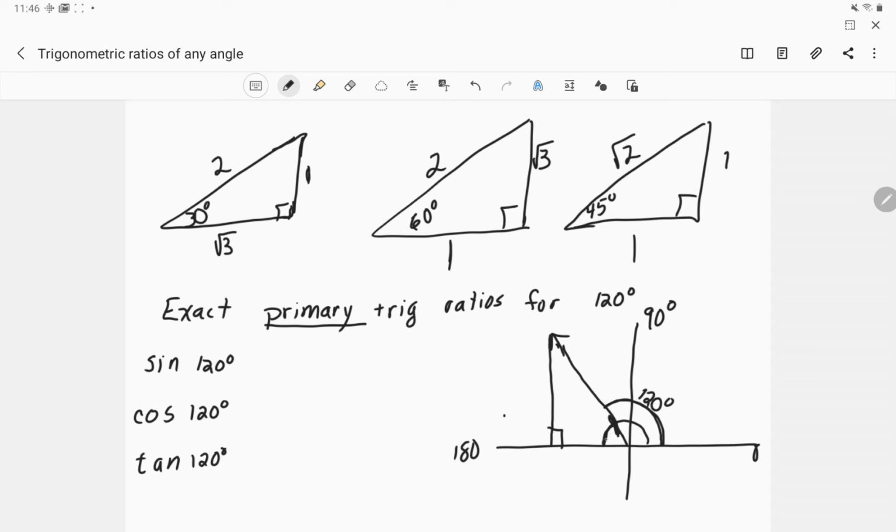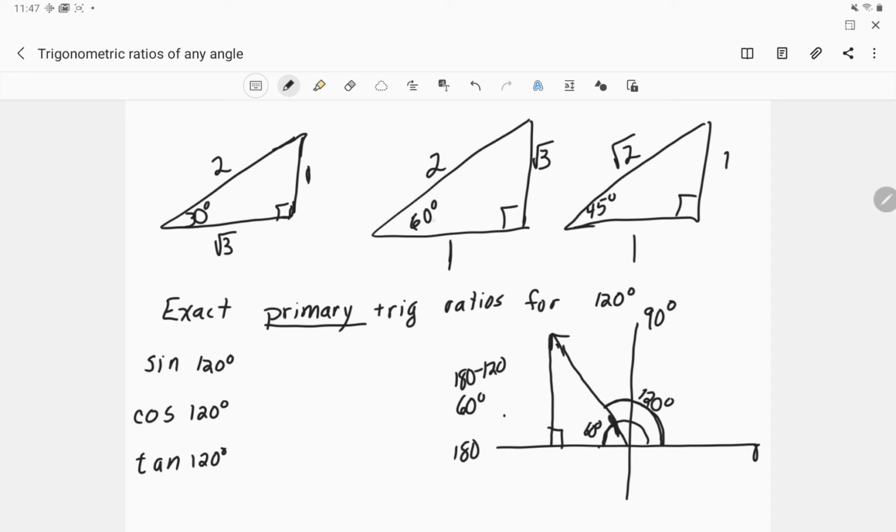So if I want to know just from here to here, I'm going to do 180 minus the 120. That's going to give me 60 degrees. So this reference angle is a 60-degree angle. So 120 degrees is a 60-degree triangle put in the second quadrant.